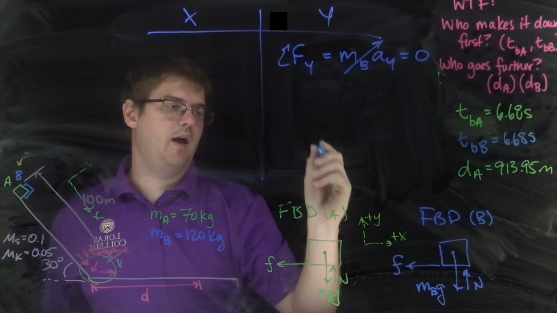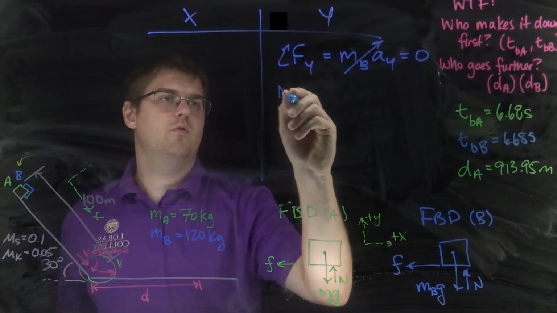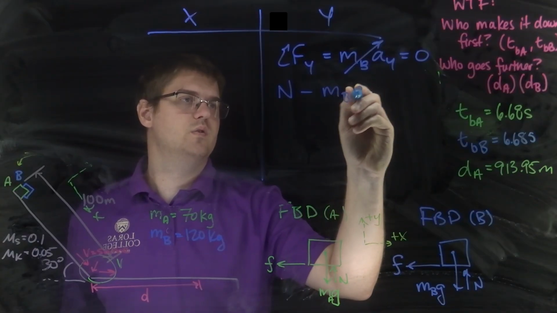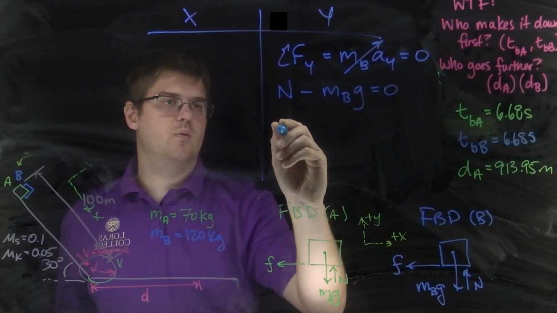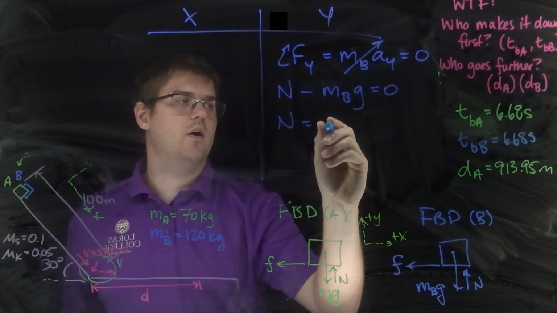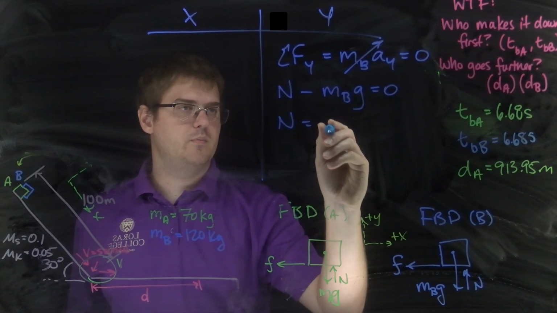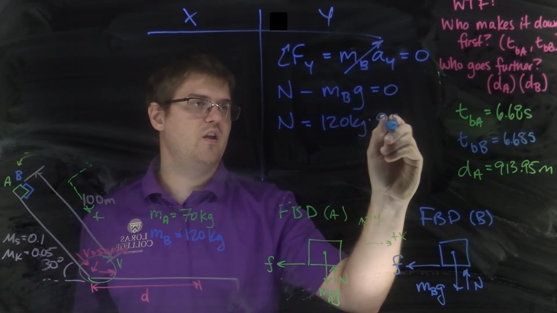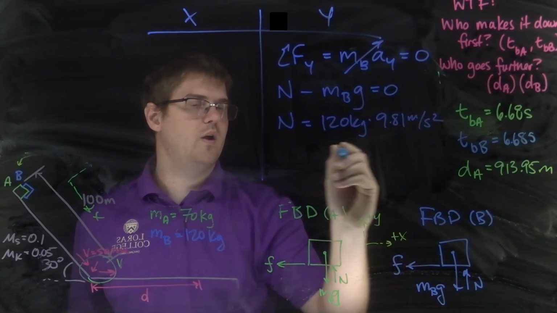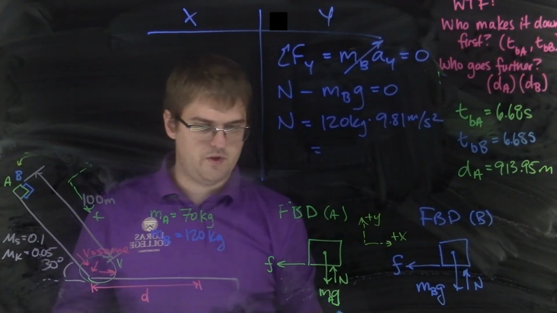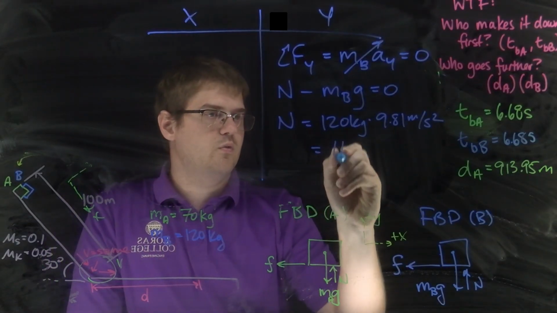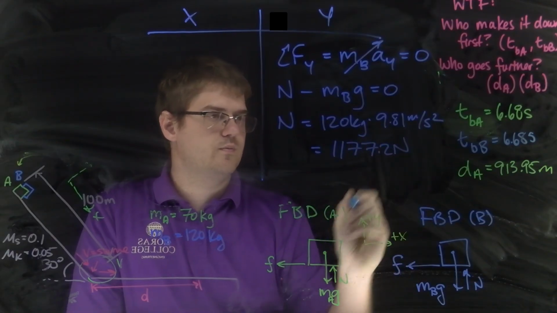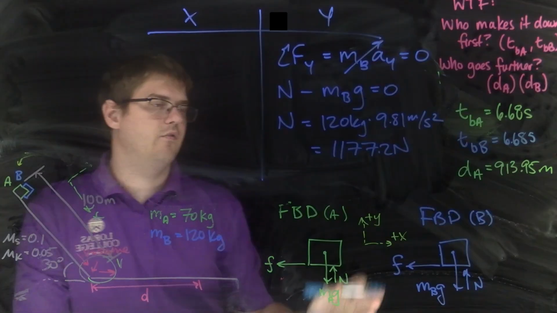Sum of forces, we have a positive normal force and we have a negative gravitational force. Our normal force is equal to our mass of B, which is 120 kilograms times 9.81 meters per second squared. That comes out to be 1,177.2 newtons.